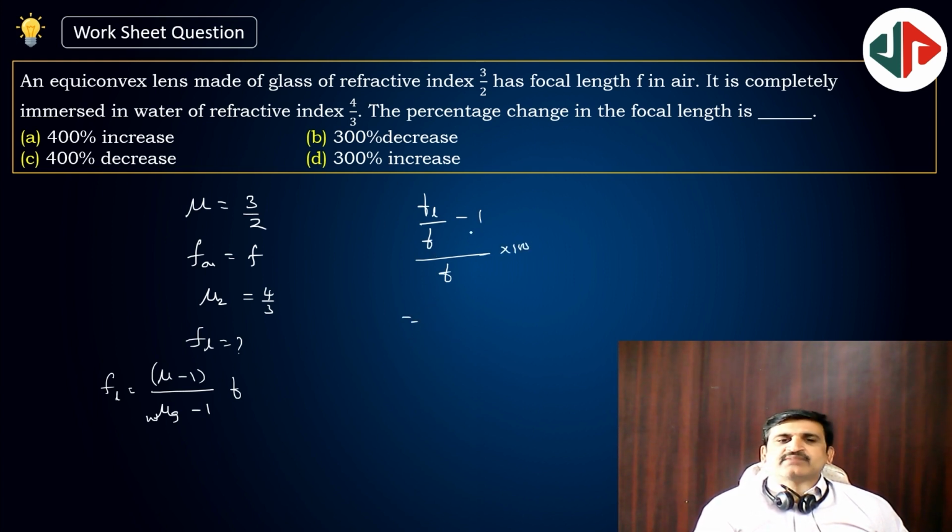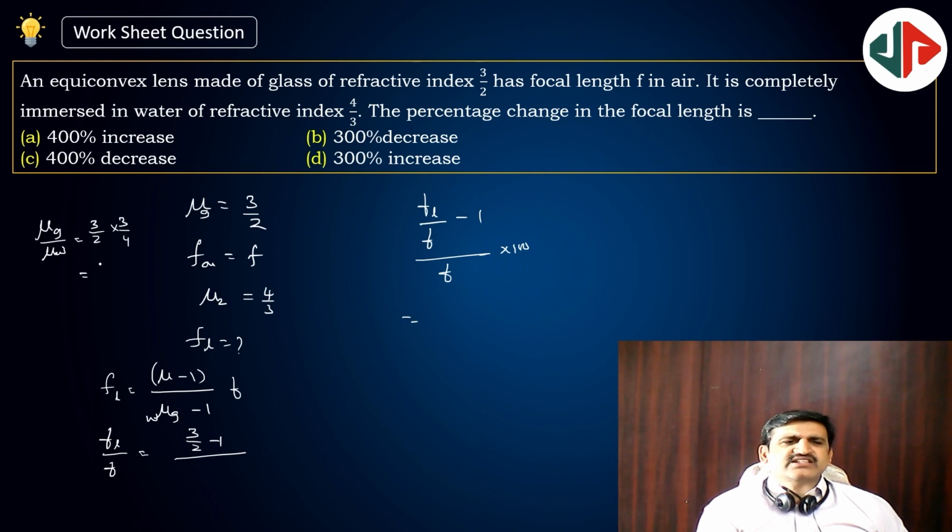That is FL minus F by everything we need to write. Okay, so we'll do one thing. FL by F is equal to, first we'll do FL by F, mu minus 1, means 3 by 2 minus 1, by mu g by mu w. Separately we'll calculate. Mu g by mu w is equal to mu g value 3 by 2, mu w value in the denominator I have to write, so 3 by 4.